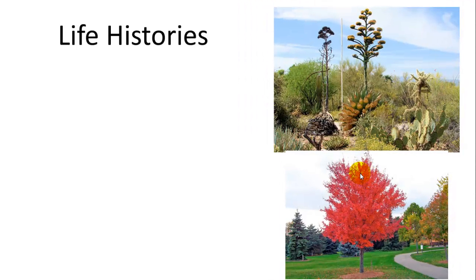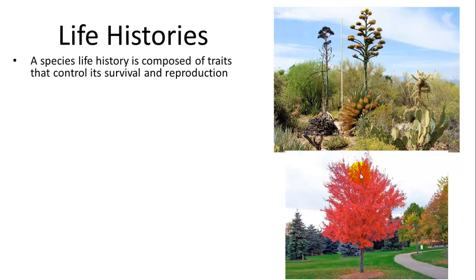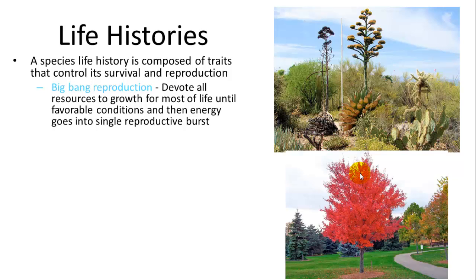All right, so one of the ways we can characterize different plants is by their life histories. Life histories are the characteristics that control their survival and reproduction, or their fitness. Some of these include Big Bang reproduction, where they devote all their resources to growth for most of their life until favorable conditions, and then they spend all their energy producing seeds at that point.